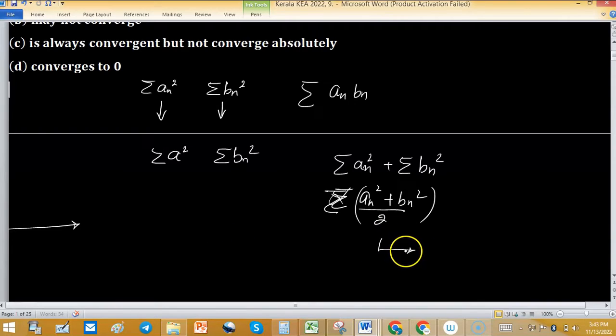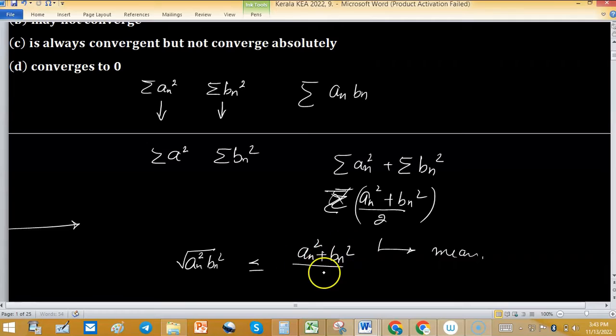We know that this is nothing but the mean, the algebraic mean and geometric mean. What is the relation? The square root of an square into bn square is less than or equal to an square plus bn square upon 2.